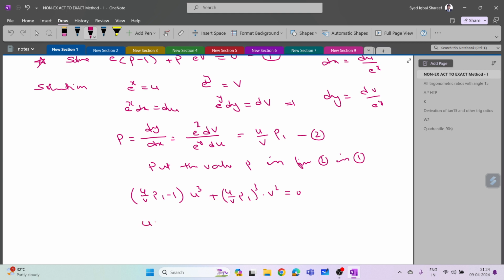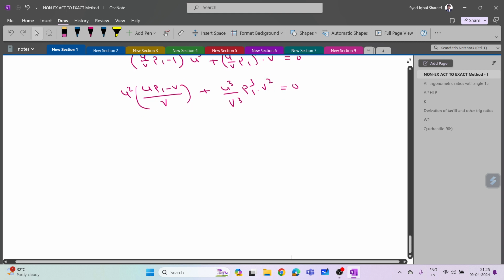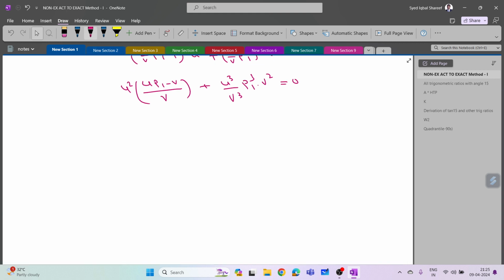So u p1 minus p by v into u cube plus u cube by v cube p1 cube v square equal to 0. A little bit confusing, but if you practice one or two times, it will be easier. This is u cube, not u square.